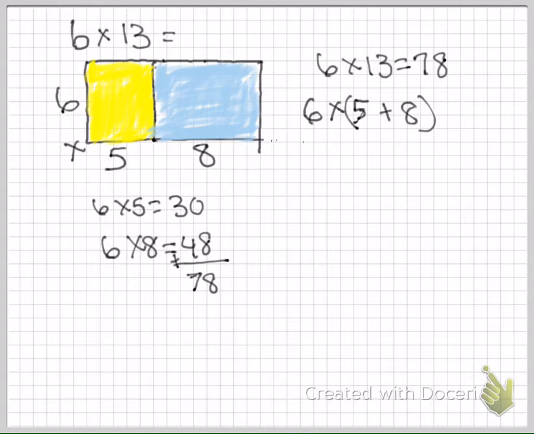The distributive property says I can take this factor and multiply it by each number in this sum. So I can go 6 times 5 gets 30, 6 times 8, 48, and now I add them together and I get 78.